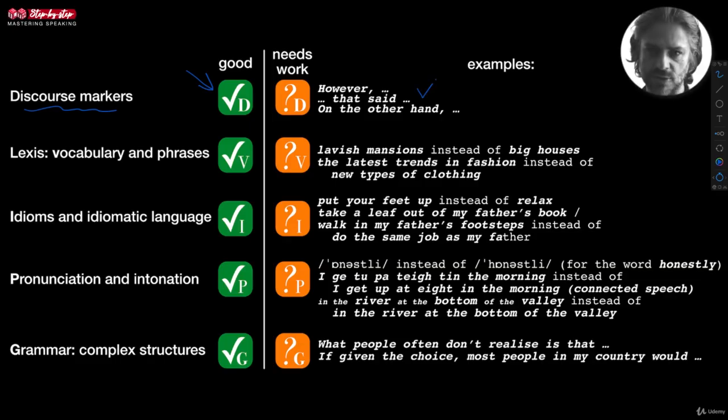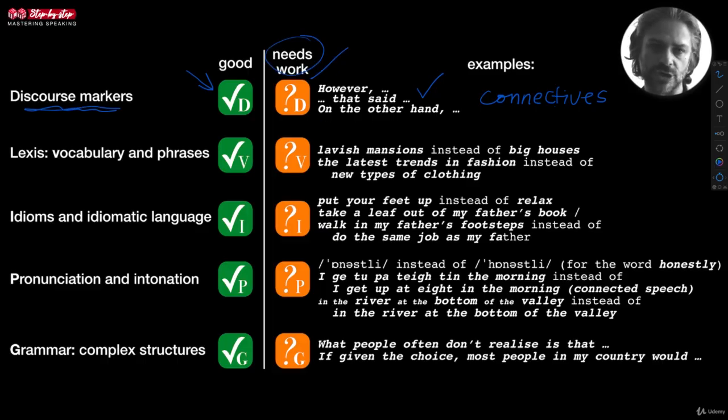So they're using discourse markers very effectively. However, that said, on the other hand, on top of that, in addition to this, there's lots and lots of discourse markers, also called connectives. And you'll find these connectives in one of the lectures in the speaking course. So we'll talk about that, but look out for discourse markers especially.